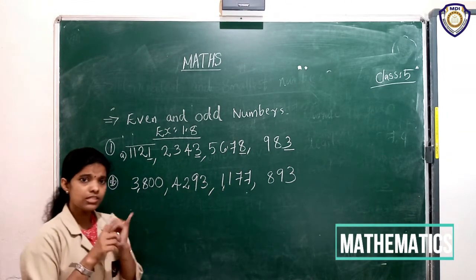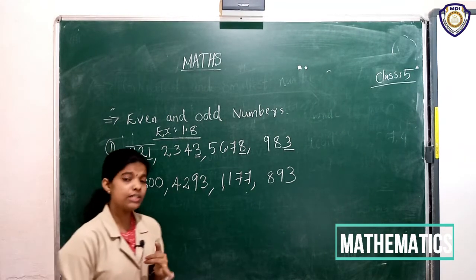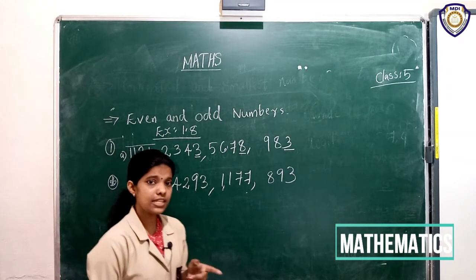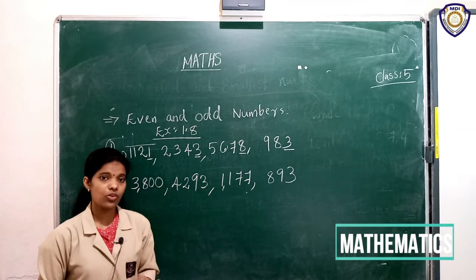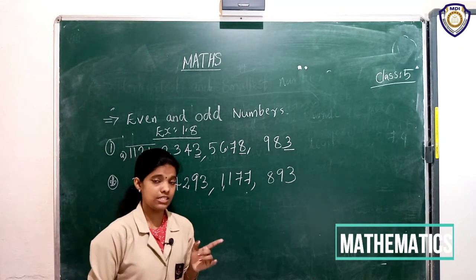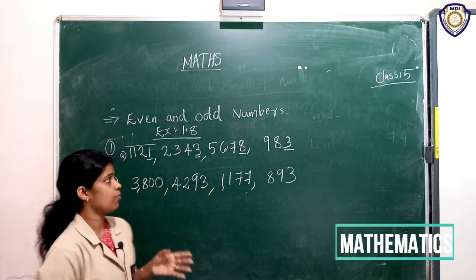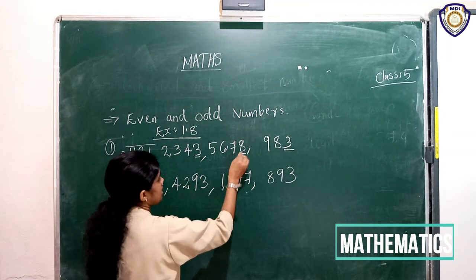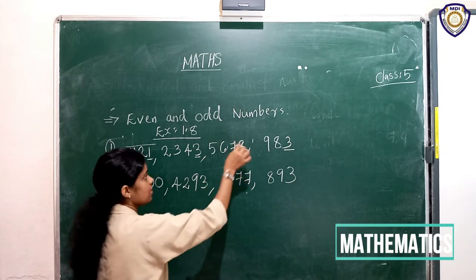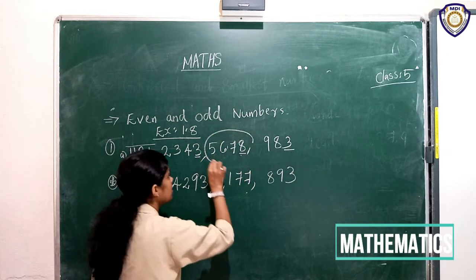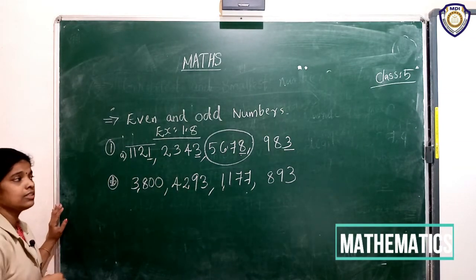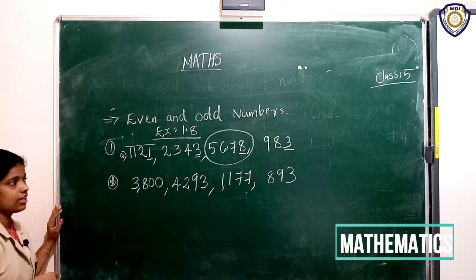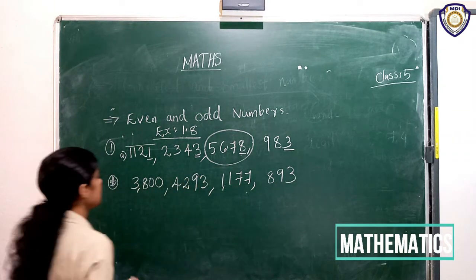Even numbers are 0, 2, 4, 6 and 8. Here 8 is an even number. Okay, circle this number. All of you circle. Okay, this is the even number.